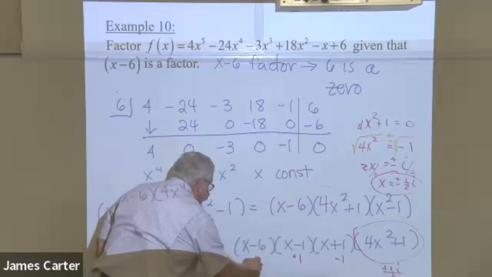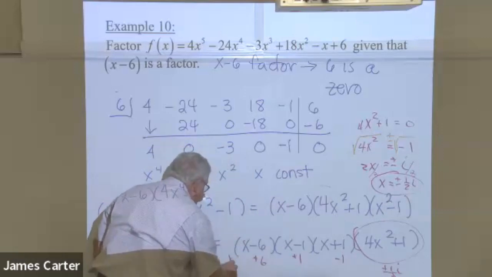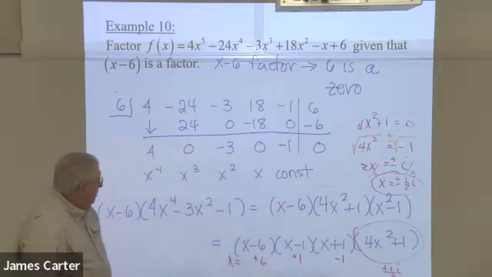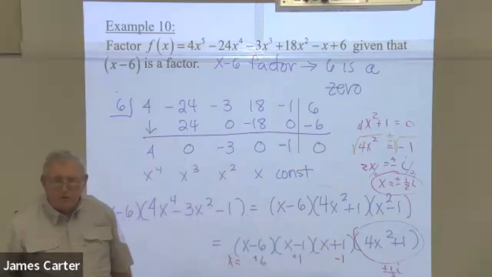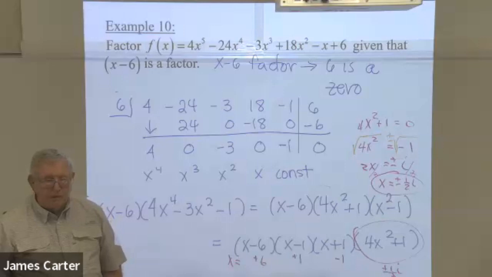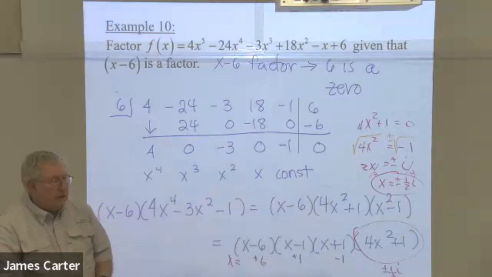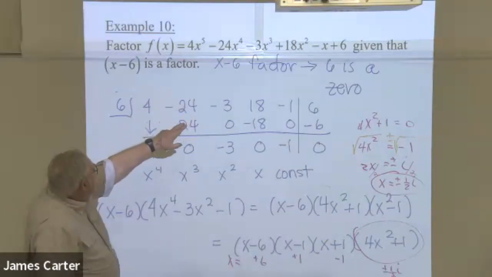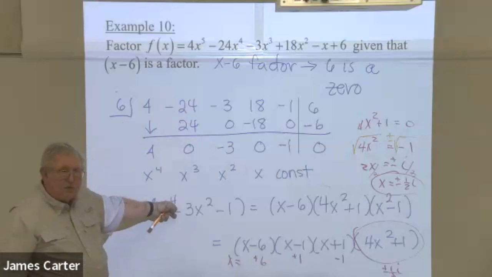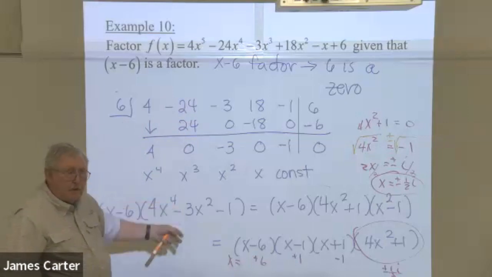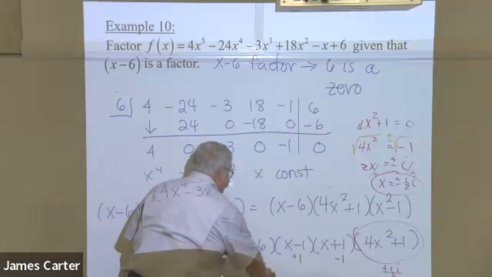And this one gives me a +6. 1, 2, 3, 4, 5 roots. Okay. So sometimes, even though we don't know, we get ourselves in a position where we get lucky. But you got to be alert to that sort of a thing.